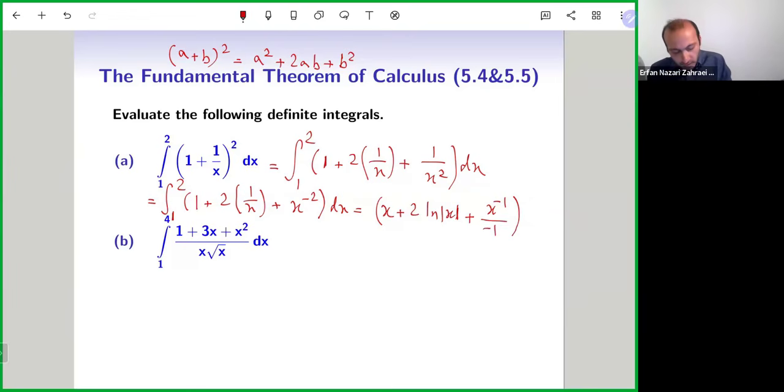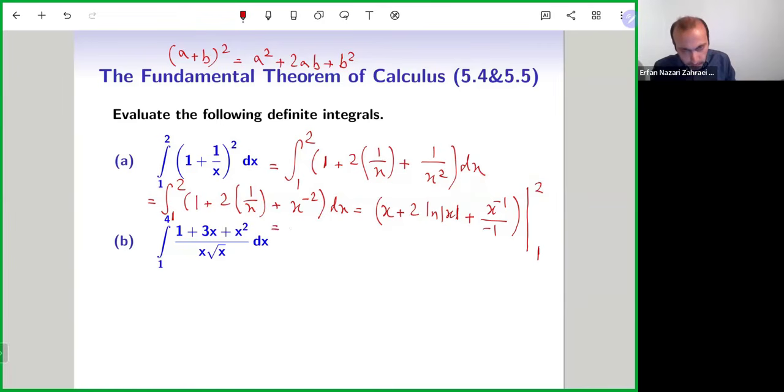And now, using the fundamental theorem of calculus part 1, this antiderivative can be used to compute that integral by plugging in 1 and 2. The answer is just plug 2 in this, then plug 1 in this, and subtract them.